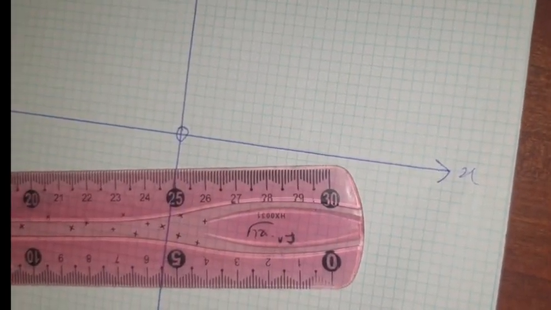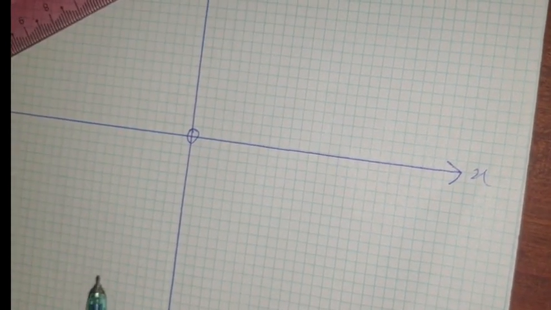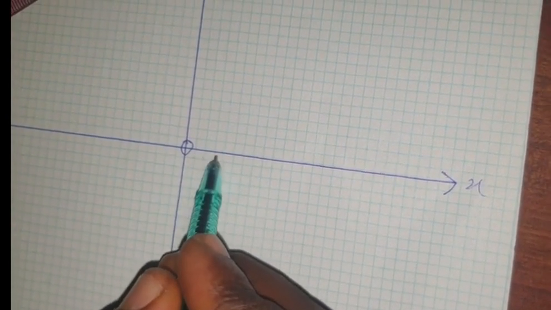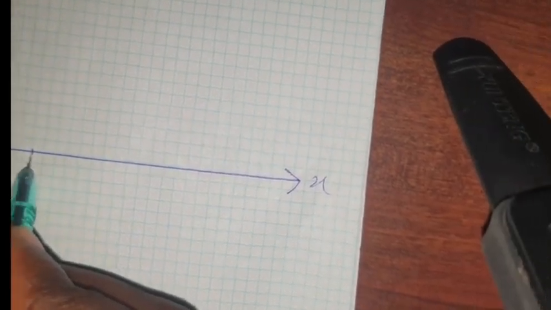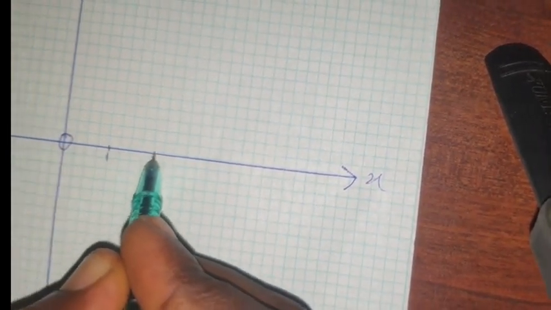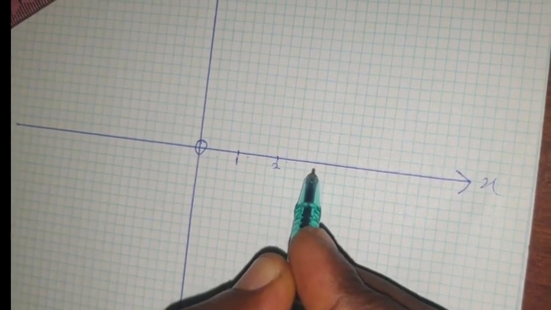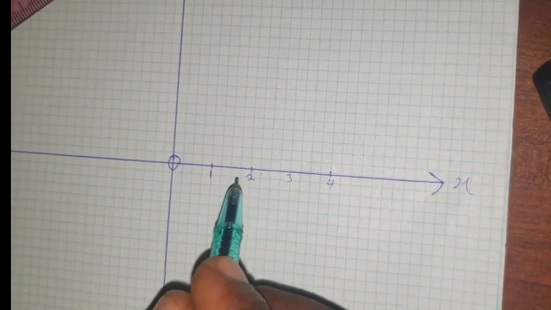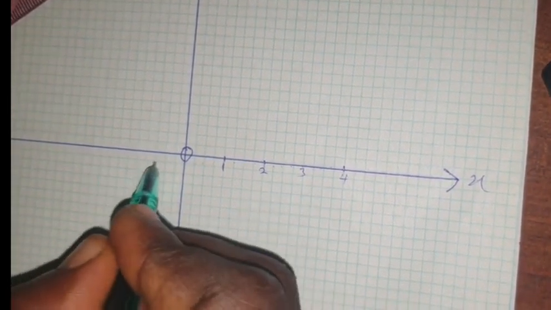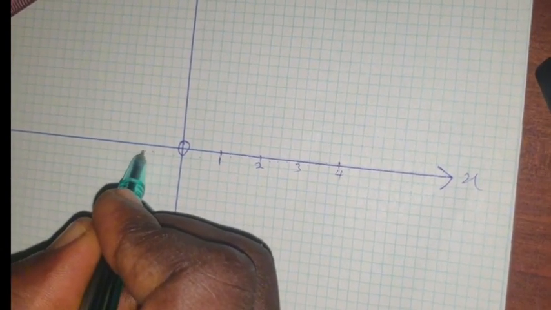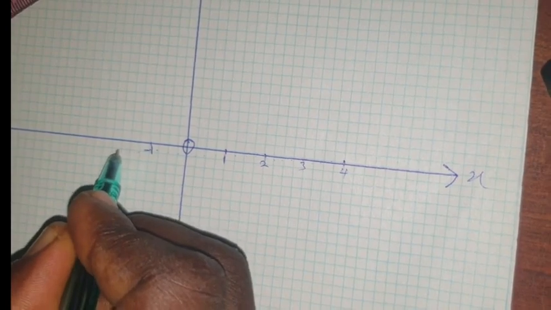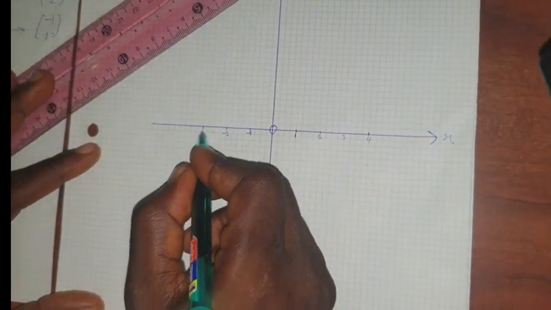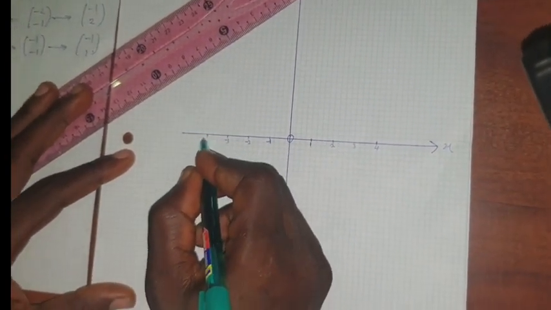So let's use three boxes to represent one unit. On the horizontal axis, 1, 2, 3, 4, up to 4, then we don't have more than that. On the negative x-axis, we have minus 1 up to minus 4.